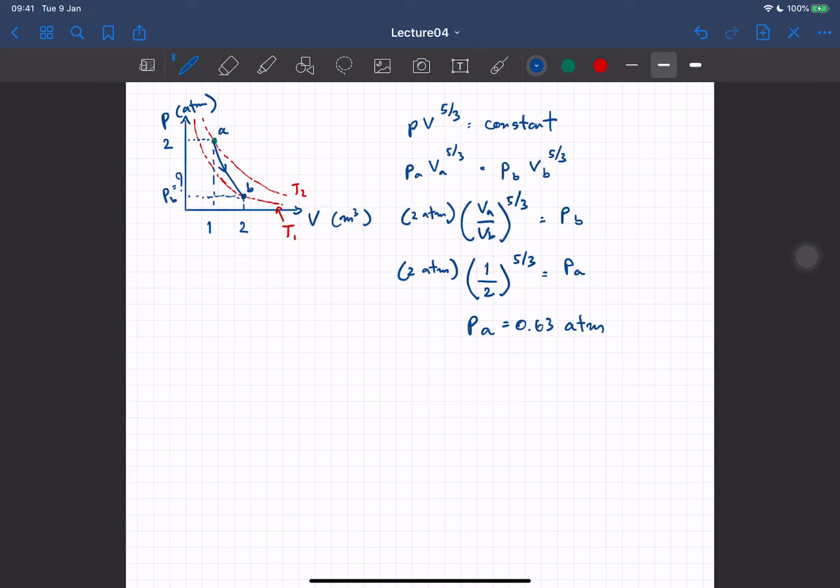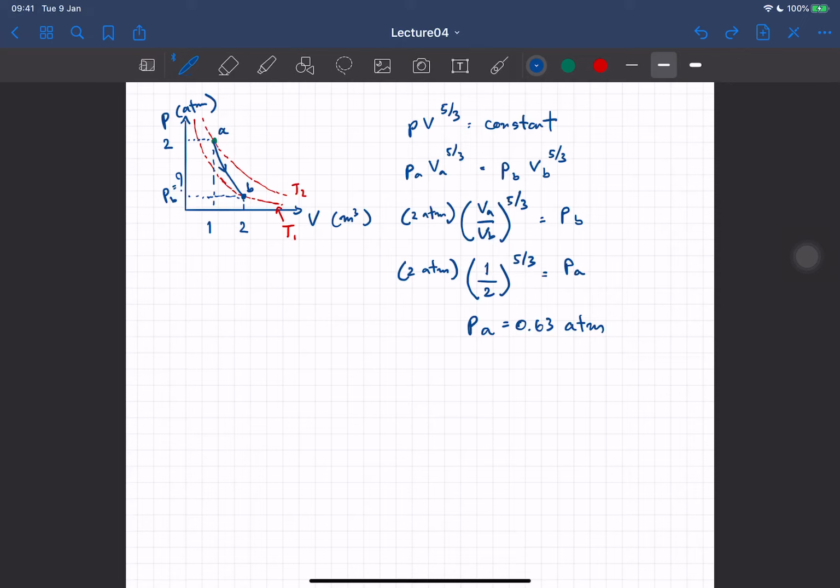So that's how we calculate the pressure at the other point. Note the 5/3 power only applies to the volume. It's not the whole PV to the 5/3 power, because otherwise it would be the same as PV equal to constant.